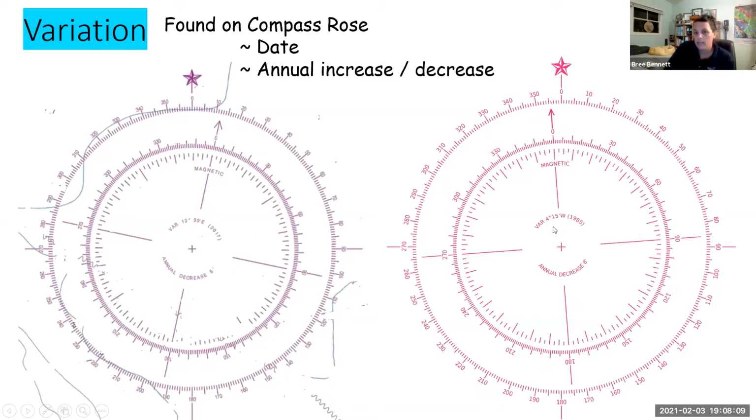Where this one over here is saying that we are 4 degrees to the west. So here's our true north, our magnetic North Pole from where we are in the world right here. Our magnetic North Pole is 4 degrees to the west. So we're going to have this east or west value of which way we're going on the compass rose. Okay, there's a variation.